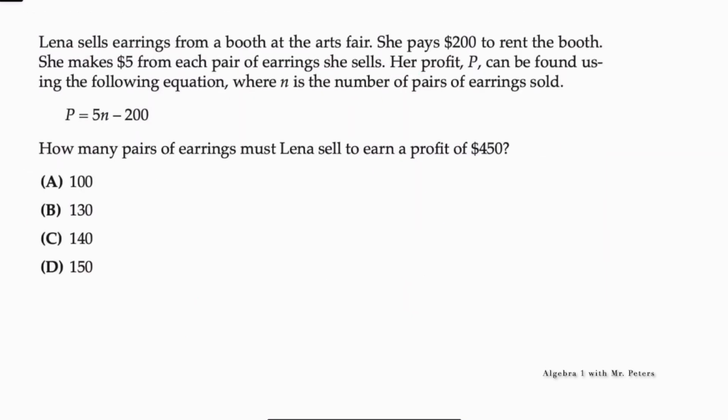In the next problem, we're dealing with linear functions. And yes, we understand that this is going to take the format y is equal to mx plus b. But the most important part of this problem is understanding what each part of the equation represents. So we're talking about the $200 for rent, the $5 for earrings that she sells, P for profit, and then N for the number of earrings she sells. The biggest mistake students make is that they'll substitute 450 in for N. But understand that they said to us, she made $450.